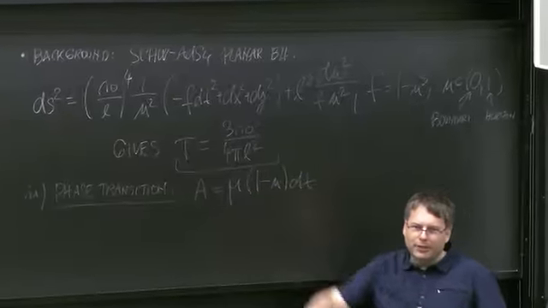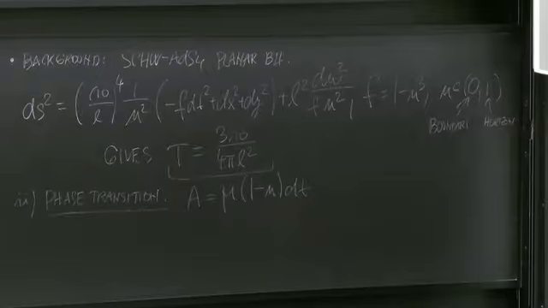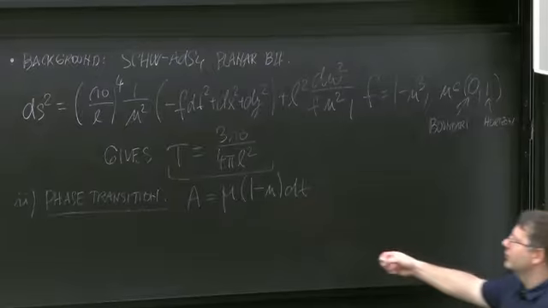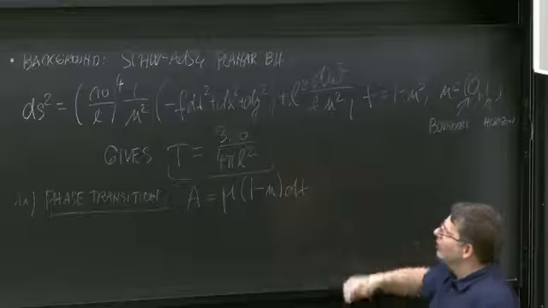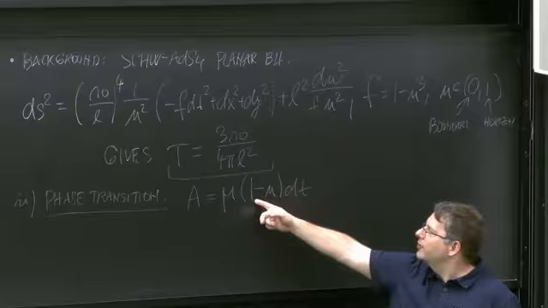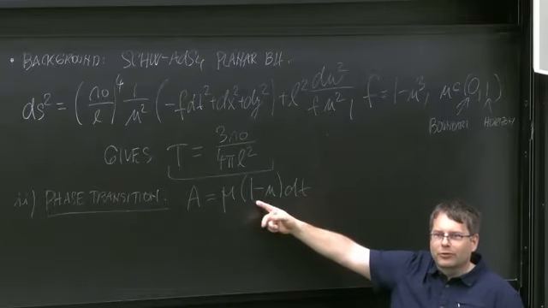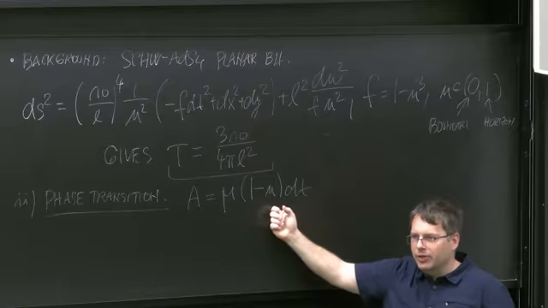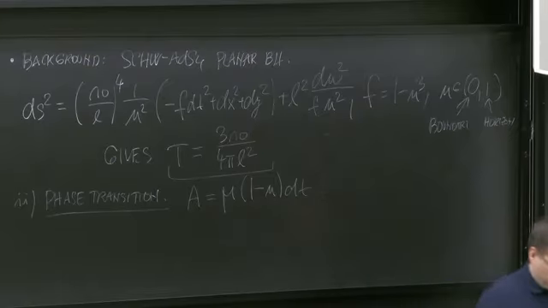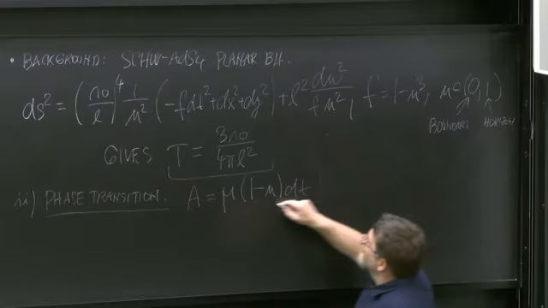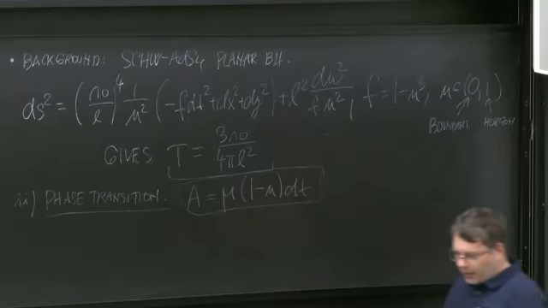Instead of Q, I'm writing this mu. This is just the standard electrostatic potential, and then you shift this by 1. Why not? So that on the horizon it vanishes. It's just a choice of gauge. That's the vector field which we'll be taking for now.